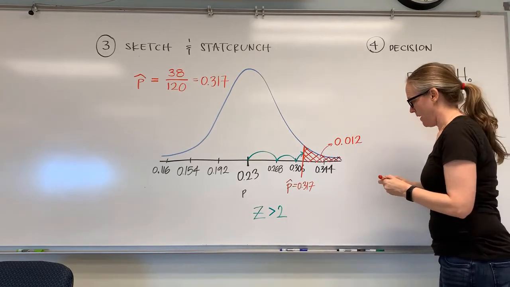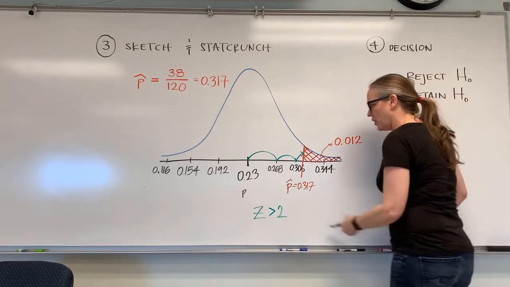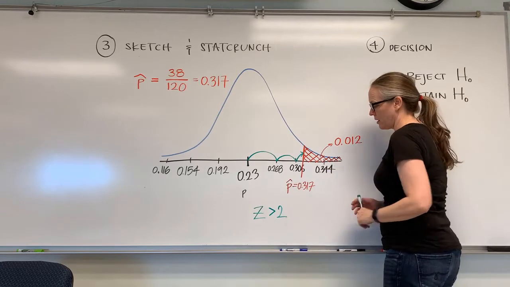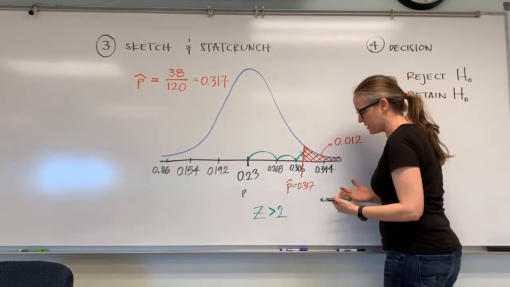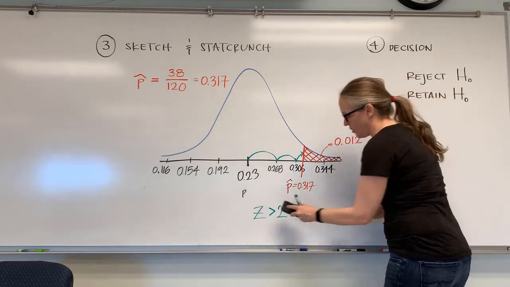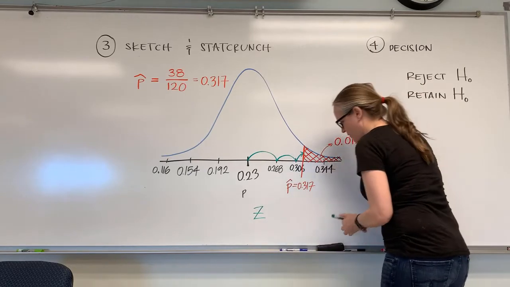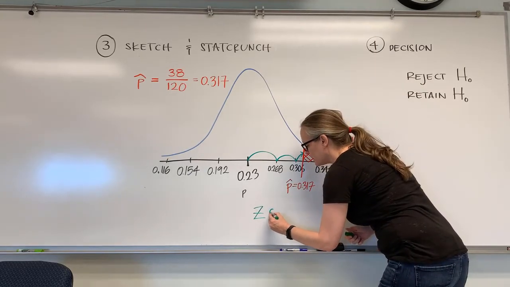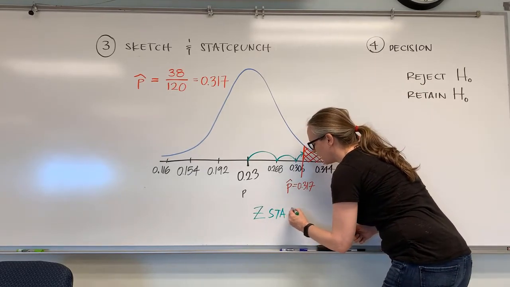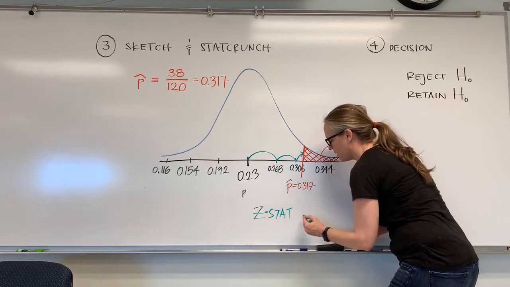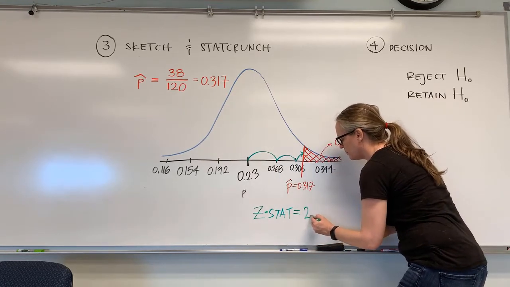Quite small. Also, our z, you could tell from this sketch that it was greater than 2, but now we know through StatCrunch, our z-stat, as they call it, they calculate it out officially for us, is equal to 2.26.